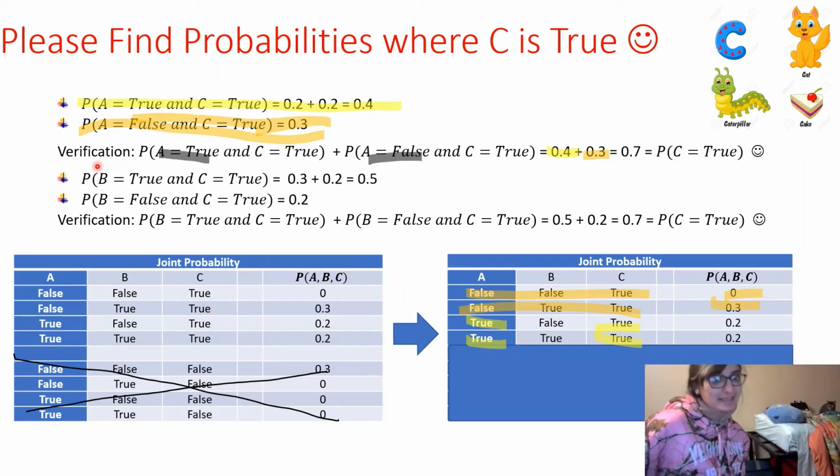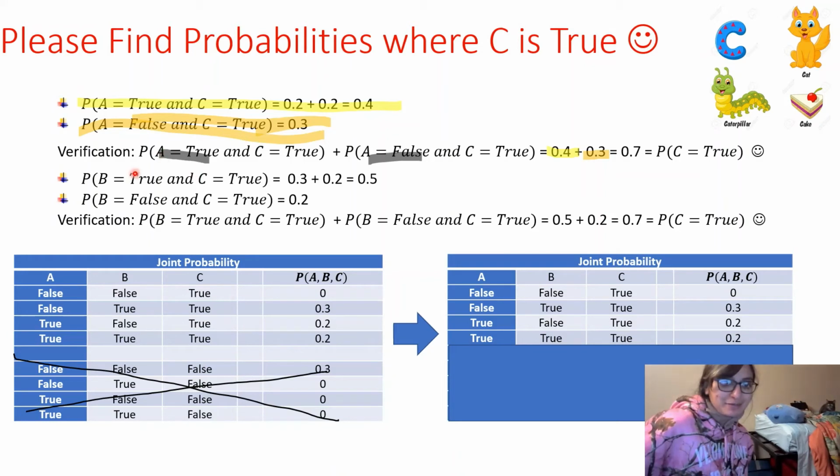And similarly, we can focus on B instead. What we can see here is that we can focus on probability B is true and C is true. C is always true because of what we have subsetted here.